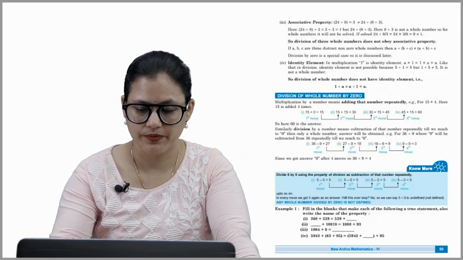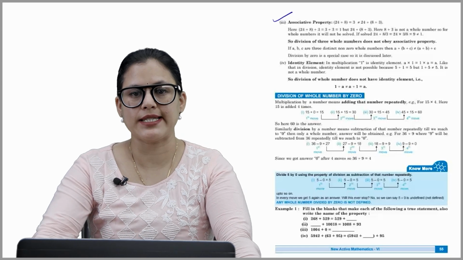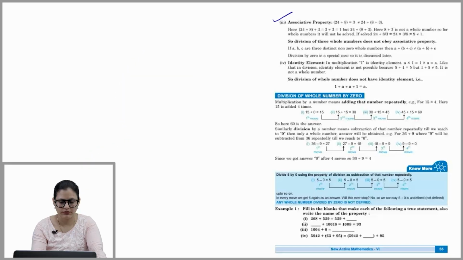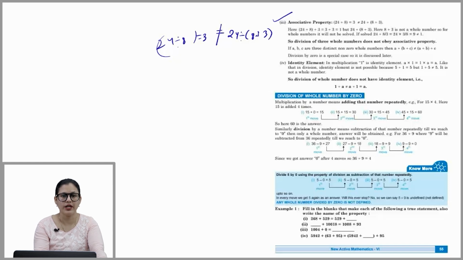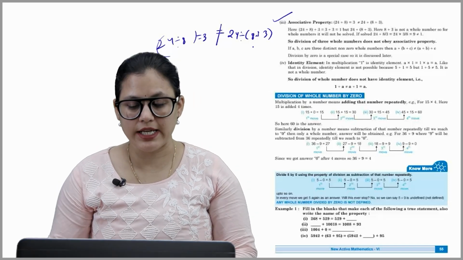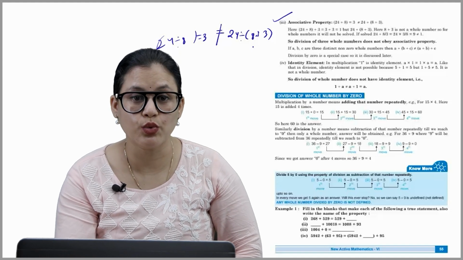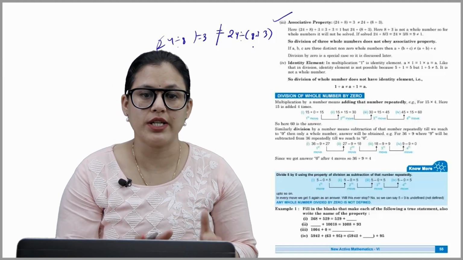Associative property. 24 divided by 8 divided by 3 is not equal to 24 divided by (8 divided by 3). So, here (24 divided by 8) divided by 3 is equal to 3 divided by 3, which is equal to 1.